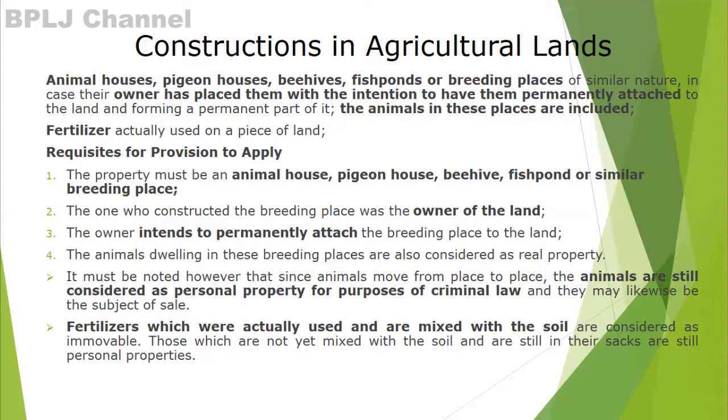It must be noted, however, that since the animals move from place to place, the animals are still considered as personal property for purposes of criminal law. So if, for example, the animal is still in the breeding place, such as a pigeon, and the pigeon was stolen while the pigeon is still inside the pigeon house, that will still be considered as theft, even if under Article 415, the animal inside the pigeon house is deemed as real property.